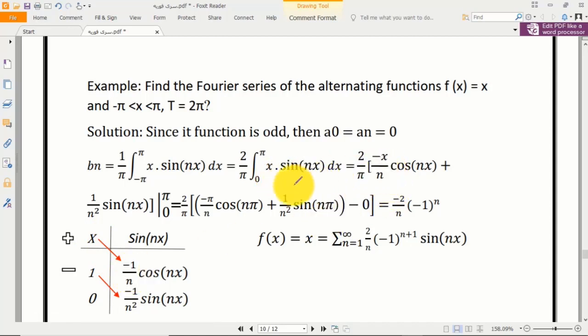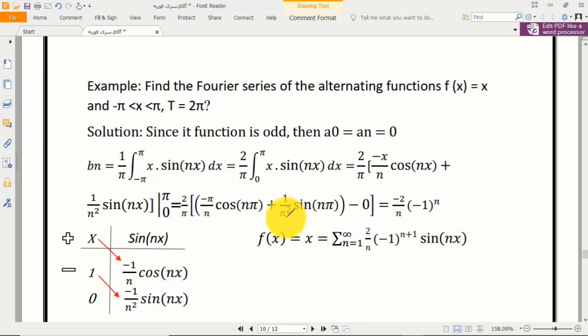The integral of x sine nx is equal to negative 1 over n times x cosine nx plus 1 over n squared times sine nx. By plugging the bounds into the formula, the final result would be 2 over pi times negative pi over n cosine n pi plus 1 over n squared sine n pi, and by plugging in 0, we'll have 0.